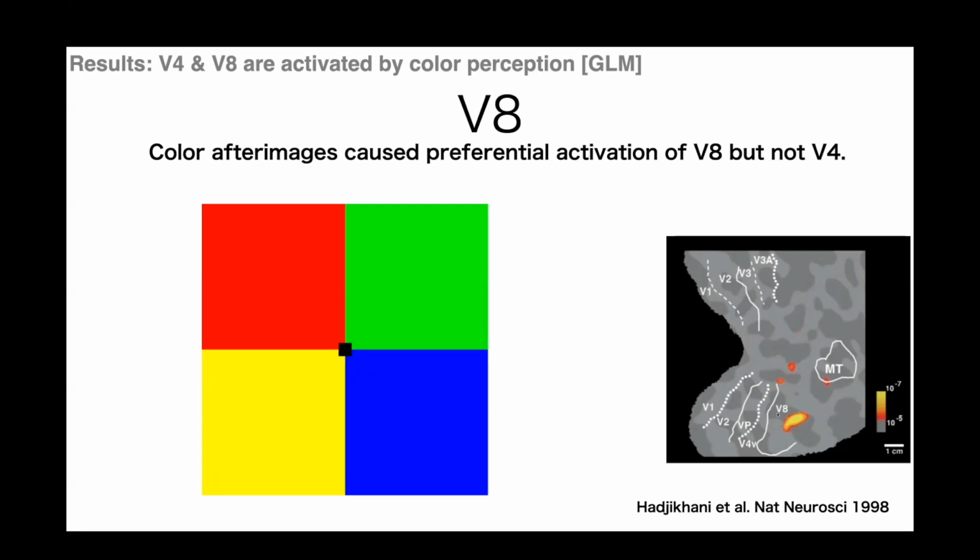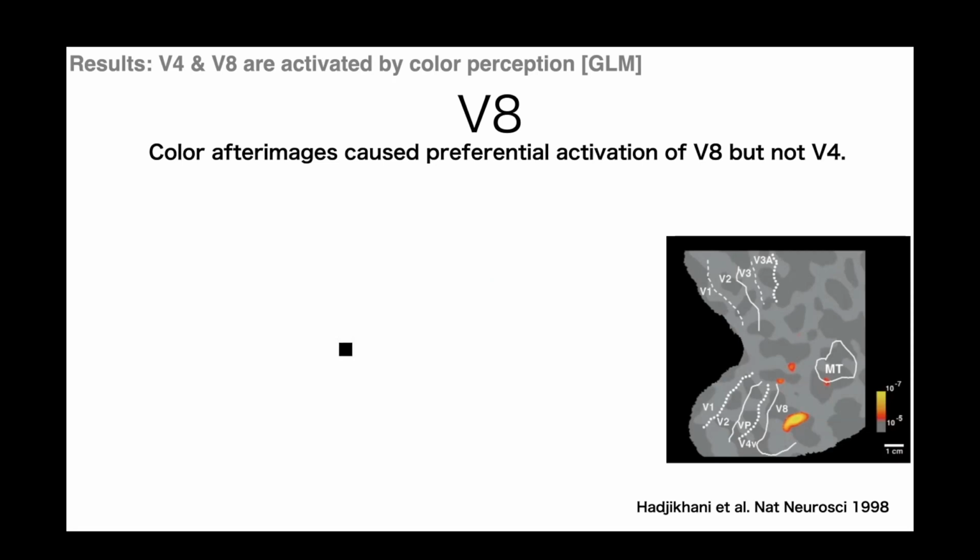And let's experience it. Please focus on this fixation point while, okay, please keep fixating. And I will erase the color, but you will perceive the color, right? This is the after image color. And the authors did this task inside MRI.